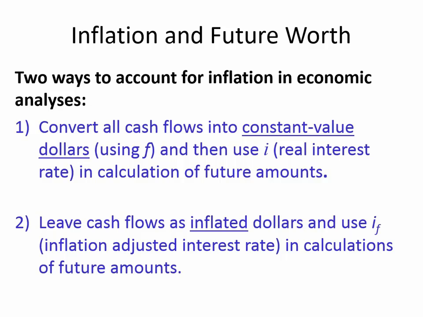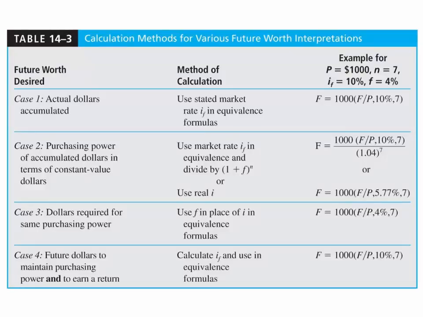And this second point is what we've usually been doing when we do our calculations with the cash flow diagram: we've been combining our interest rate and the inflation rate together, because we haven't been separately accounting for F, our inflation rate. We've just been saying there's the MAR, and hopefully the MAR includes the real interest rate that the company wants to make and the effects of inflation.